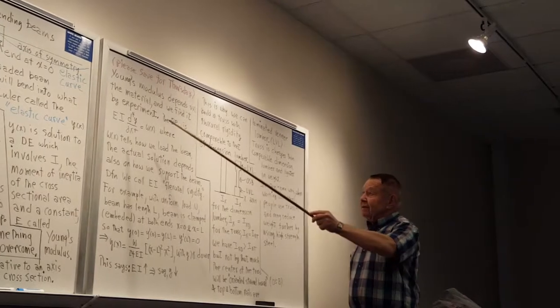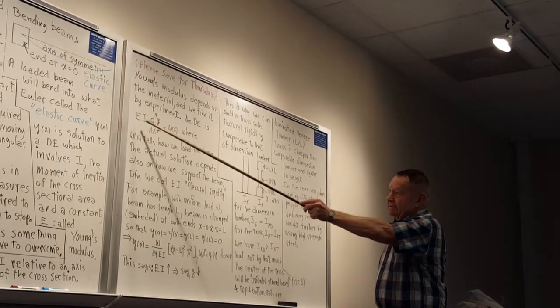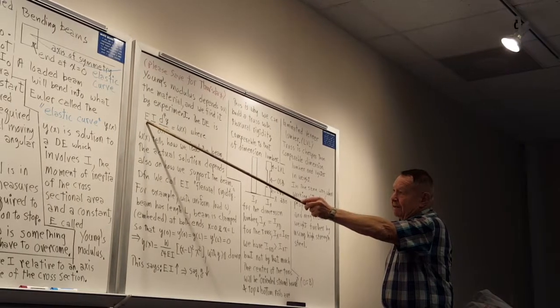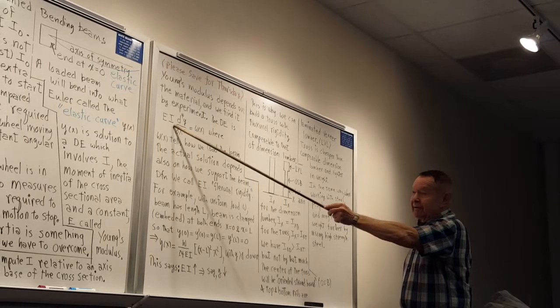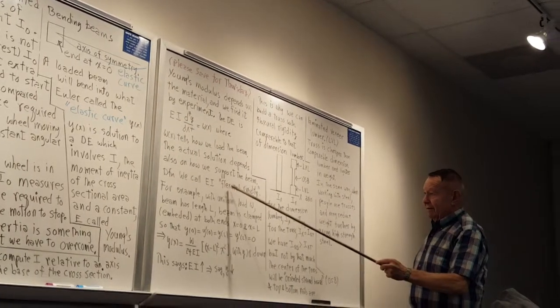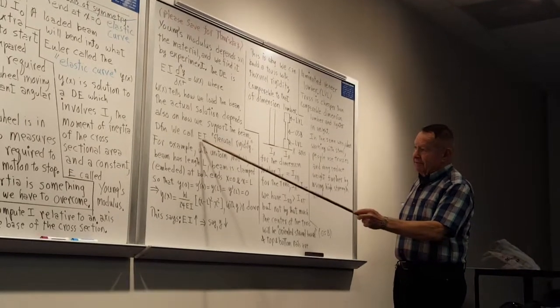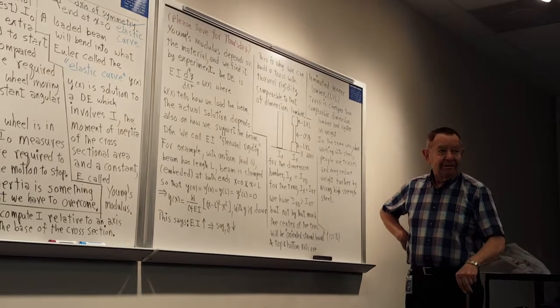So the differential equation then is that the product of Young's modulus and this moment of inertia, then that product has a name. Euler named this product and called it flexural rigidity.